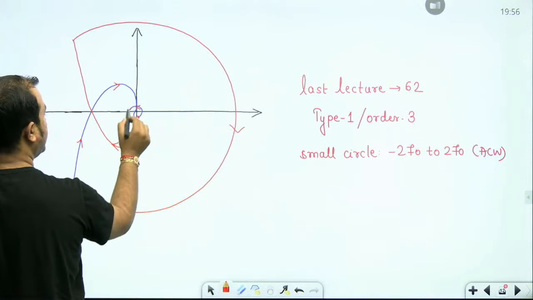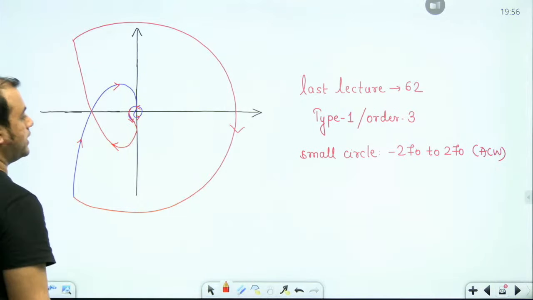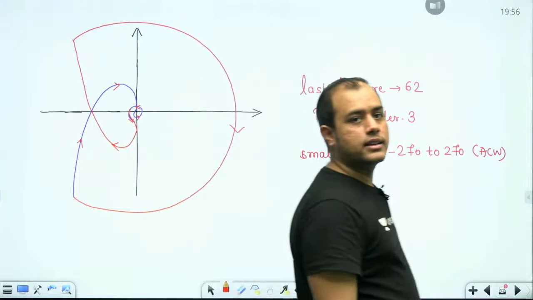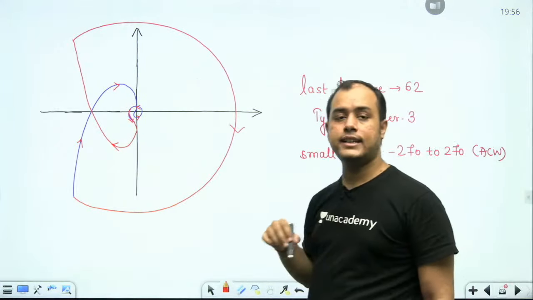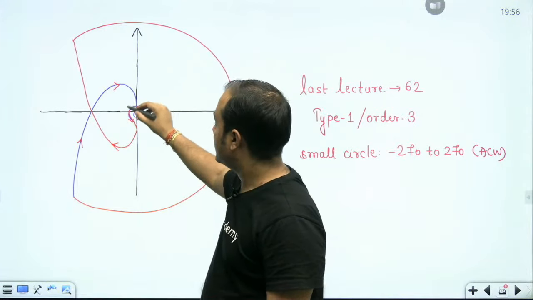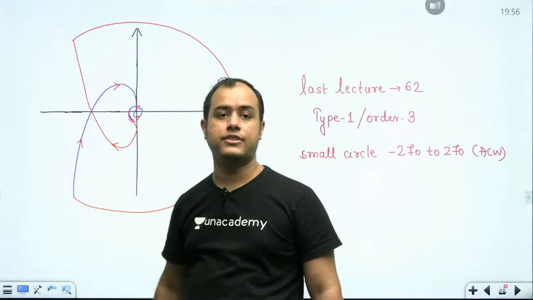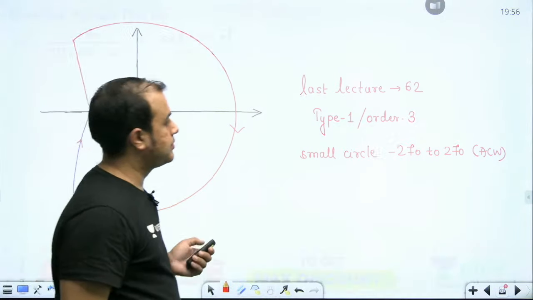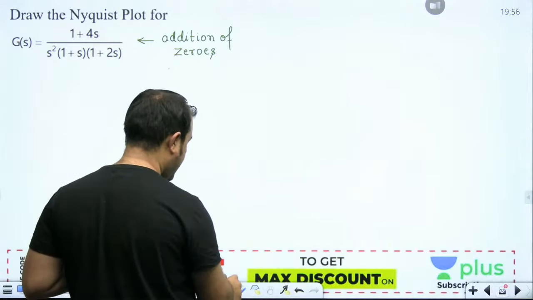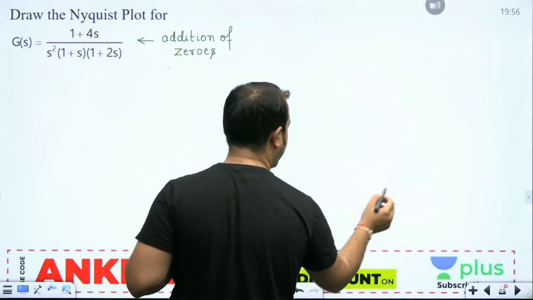So this is going in the anti-clockwise direction, in the anti-clockwise circle, then one semicircle, then we have the inverse polar plot. So just remember the direction. Now let us come to this. I have added some zeros to the function.